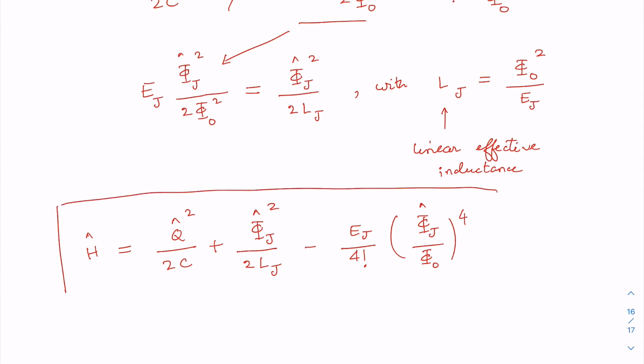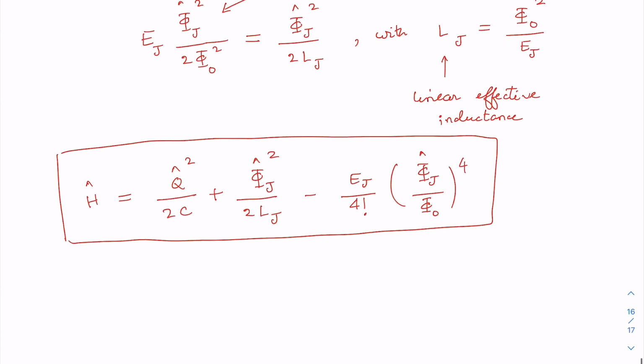What you see here is that there is a part in the Hamiltonian which resembles the linear harmonic oscillator. It should remind you about the linear harmonic oscillator. And on the other hand, there is another part that is due to the nonlinearity.